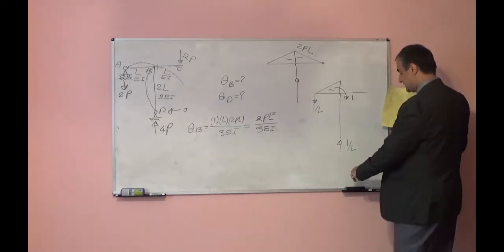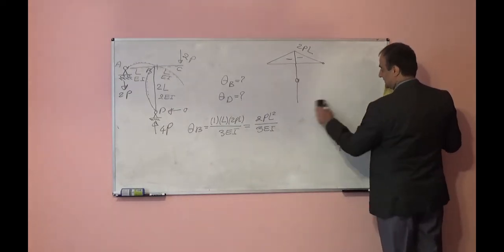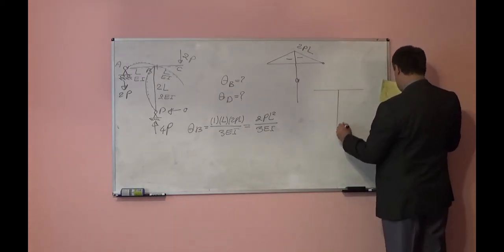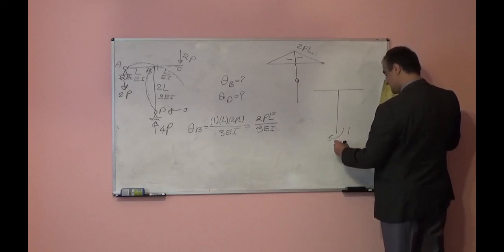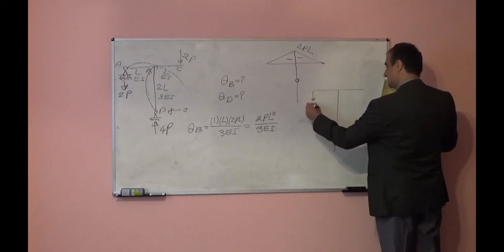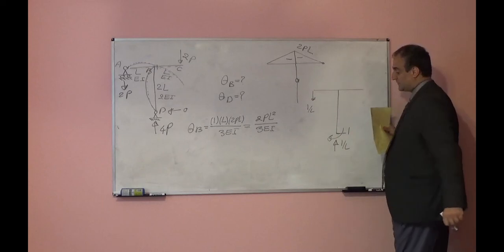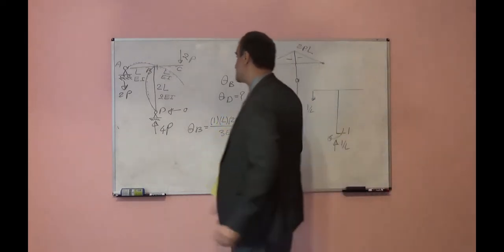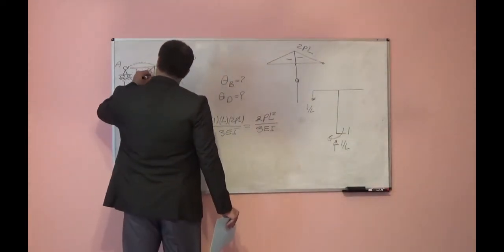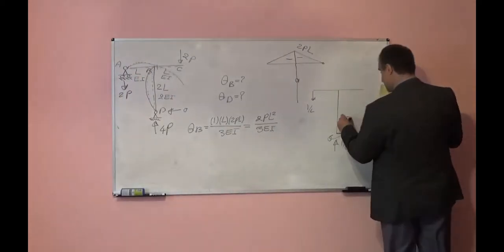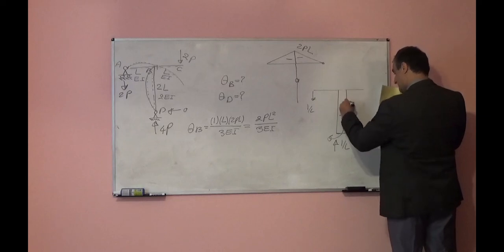In order to find slope at point D, this time I will apply the unit moment at point D. So in that case, again, this will be 1 over L. This will be 1 over L. For the moment diagram this time, if I put a dashed line on the left side of the BC, it will be under compression, negative 1.